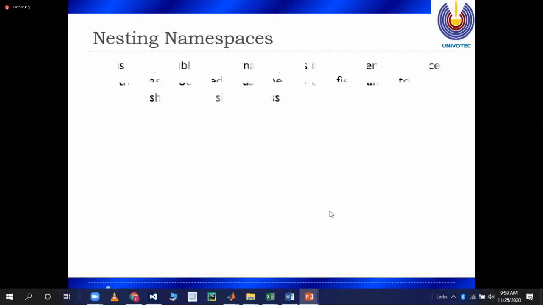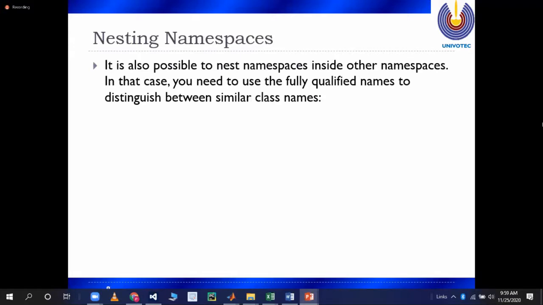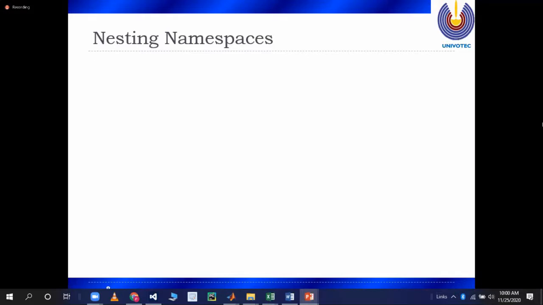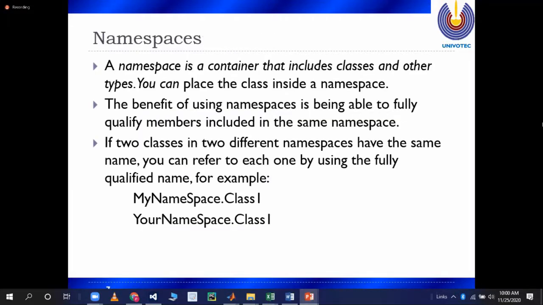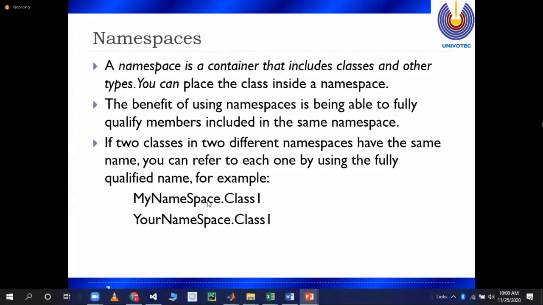Now you can see that this is the nesting of names. It is also possible to nest a namespace inside another namespace. In that case, you need a qualified name to distinguish between similar class names. Now these are separate namespaces, but the class name is the same. If we want to point out that particular class, then you want to use the namespace.